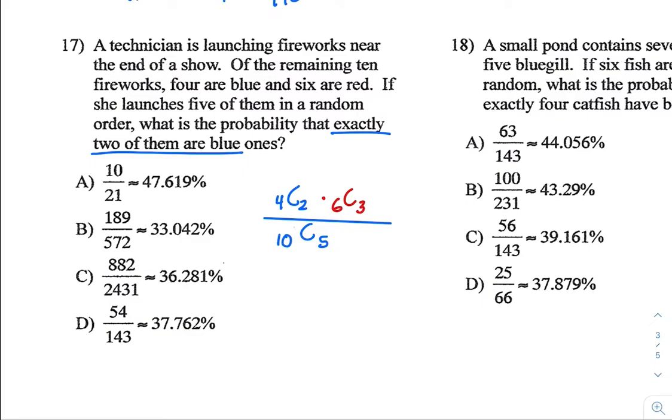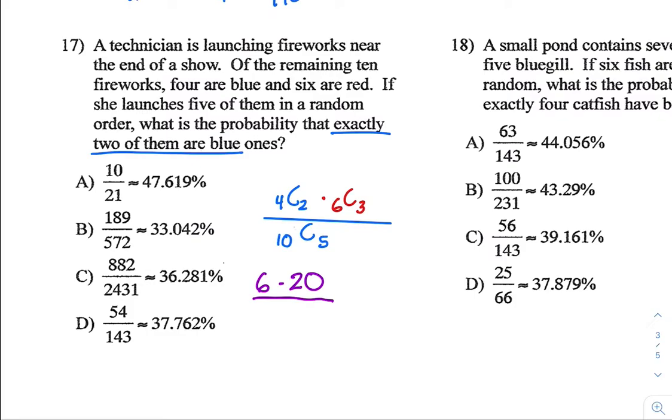So put this into your calculator on each one. So you should have gotten 4 choose 2, which is 6, times 6 choose 3, which is 20. Out of the total, 10 choose 5.